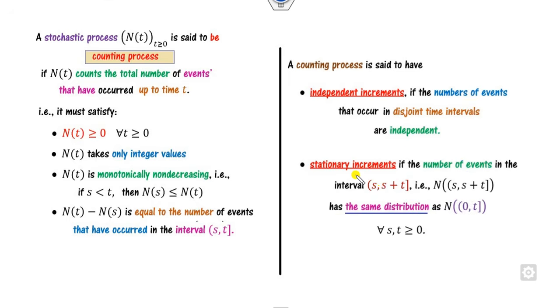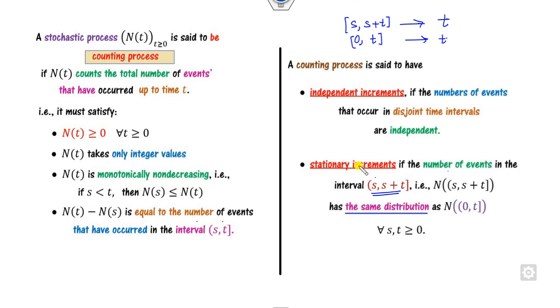And what is the meaning of stationary? It means the number of events in an interval has the same distribution as that in the interval 0 to t. The length of s to s plus t is small t, and the length of 0 to t is again small t.